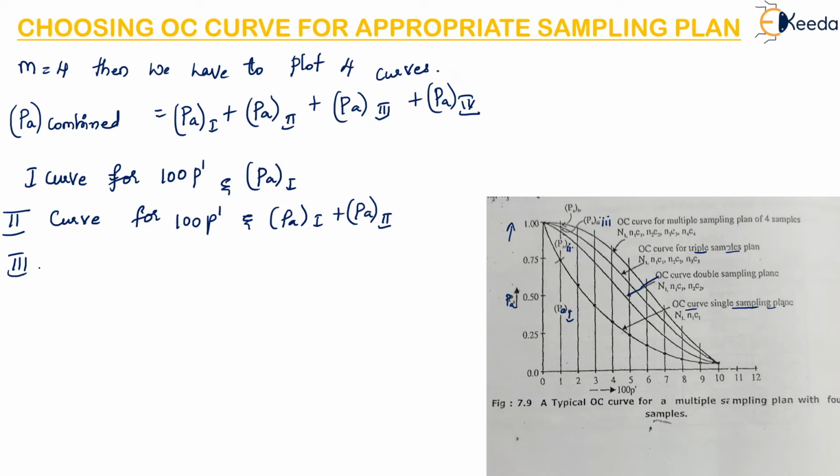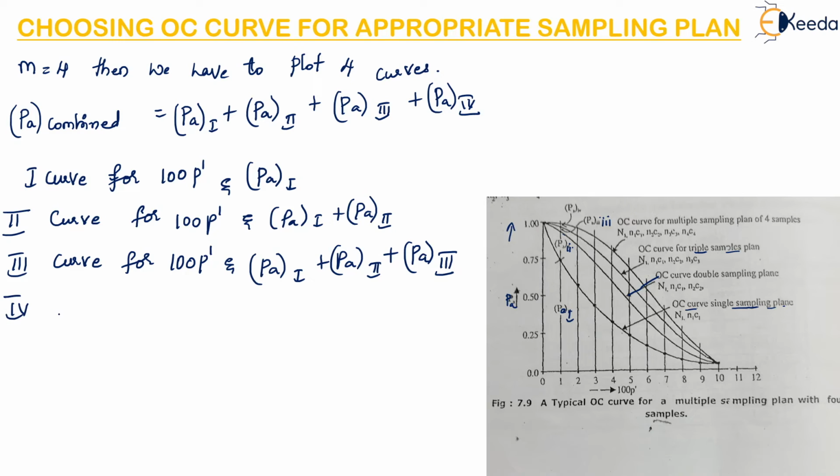The third curve is the probability of acceptance of the first plus the second plus the third, again a combined curve.